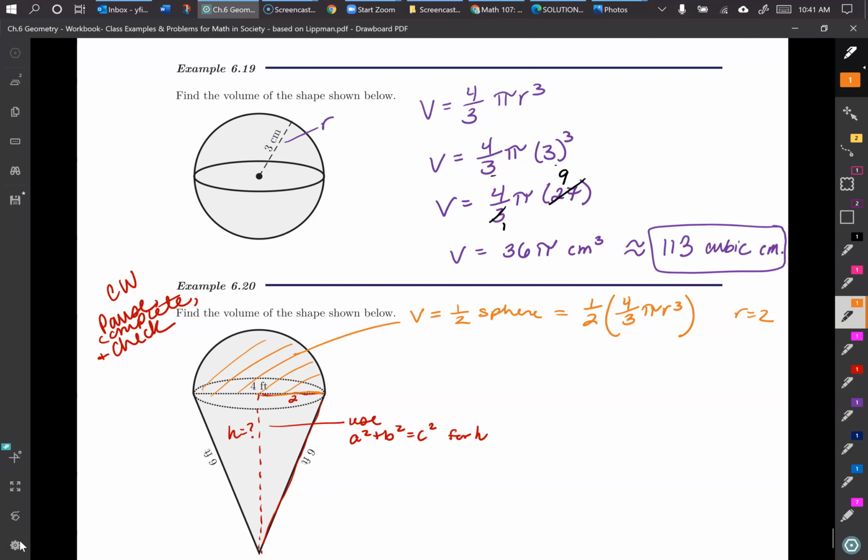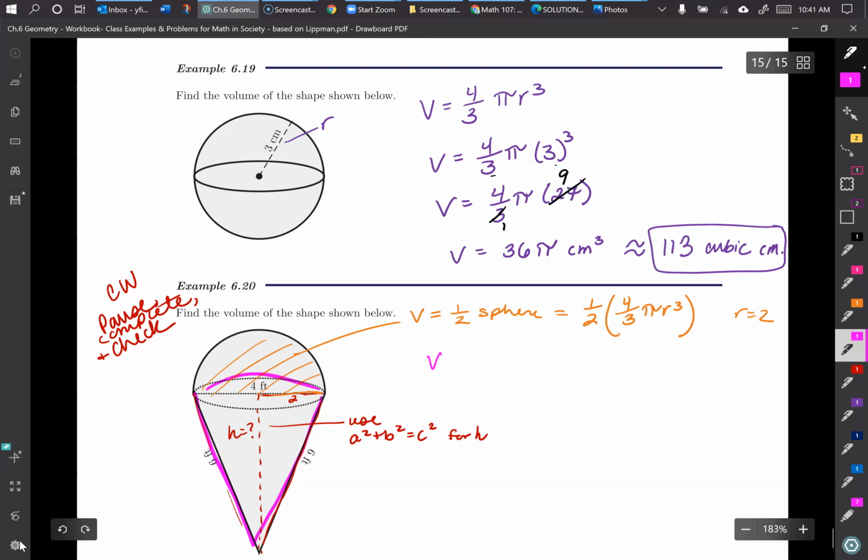And then you're going to add that to your volume for the other piece. The whole cone here would be the other. Here, I'll mark that out. The pink is your whole cone.